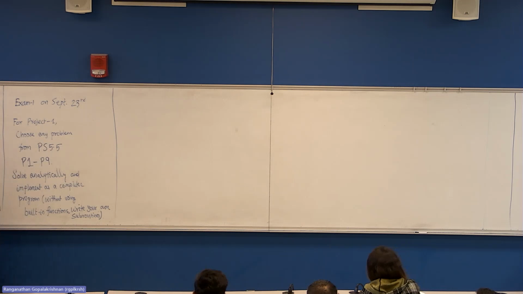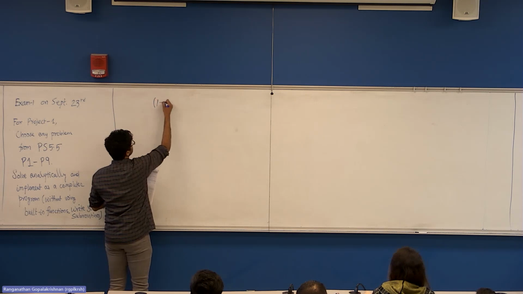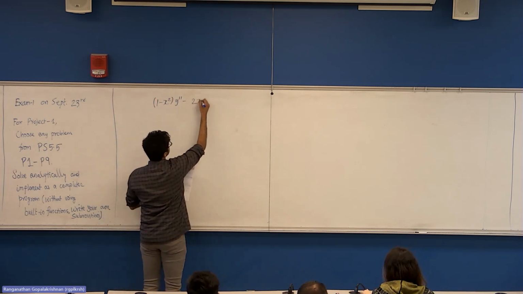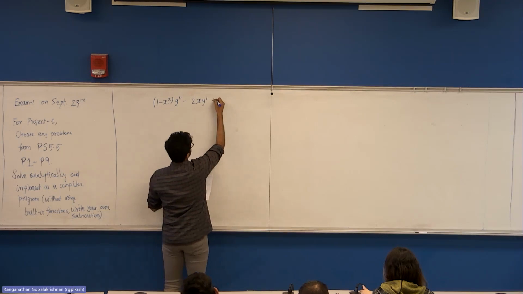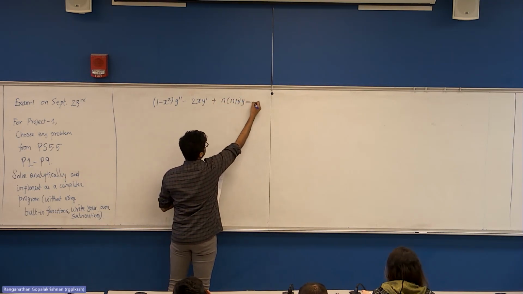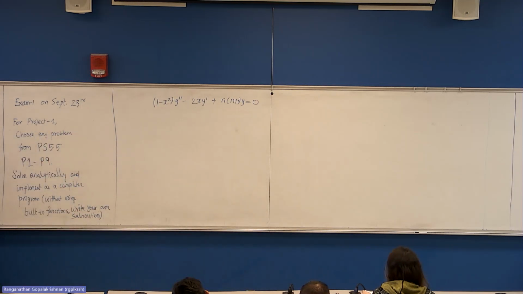So last lecture, we started a problem and kind of stopped halfway. Here is your Legendre's equation, 1 minus x squared y double prime minus 2xy prime plus n times n plus 1 times y equal to 0. This is Legendre's equation without assuming n is an integer or anything, just any value of n.